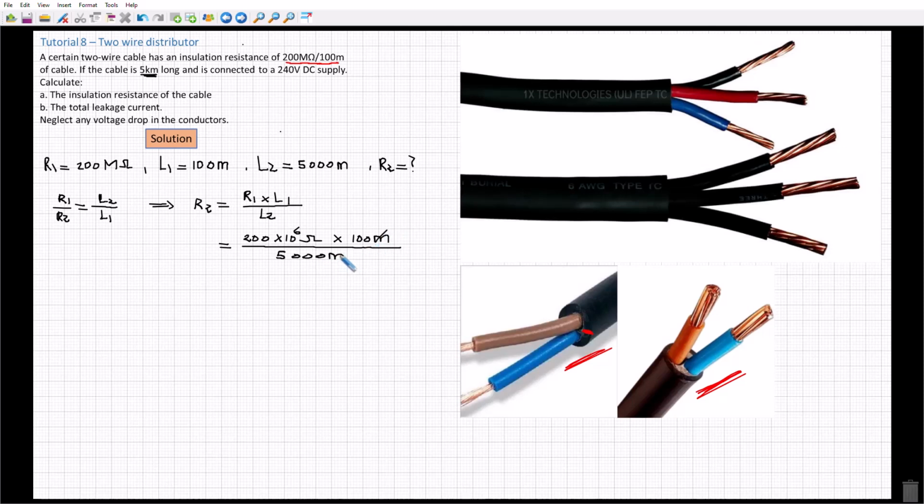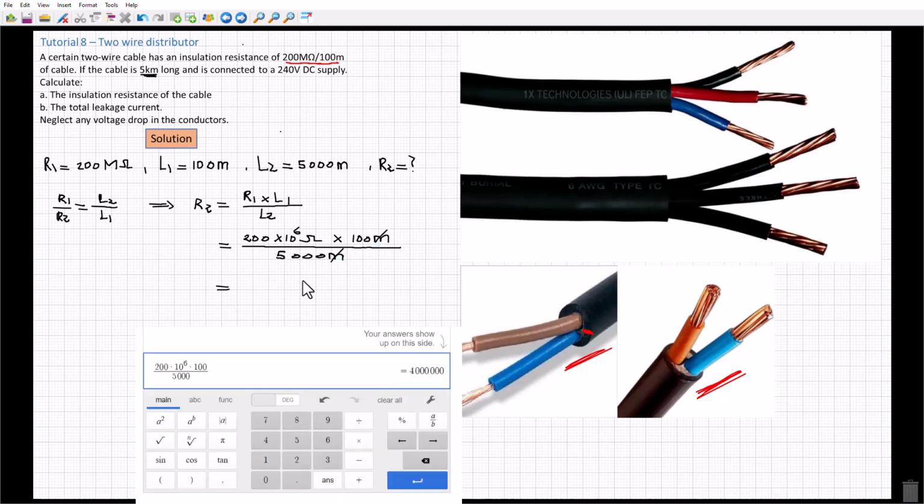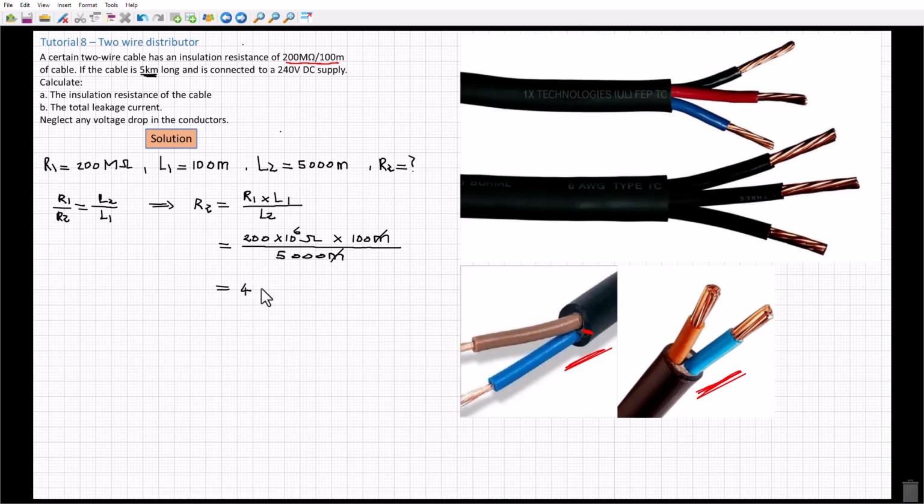The meters cancel out, so you have 200 times 10 to the power 6 times 100 divided by 5,000, and that gives 4 mega ohm. So this is your insulation resistance. You can see that it went down from 200 mega ohm with a 100 meter cable to only 4 mega ohm when the cable was extended to 5,000 meters.